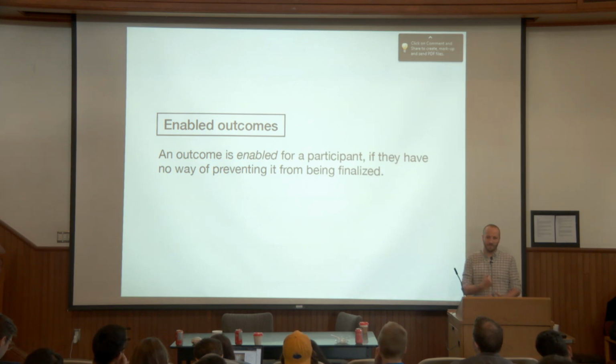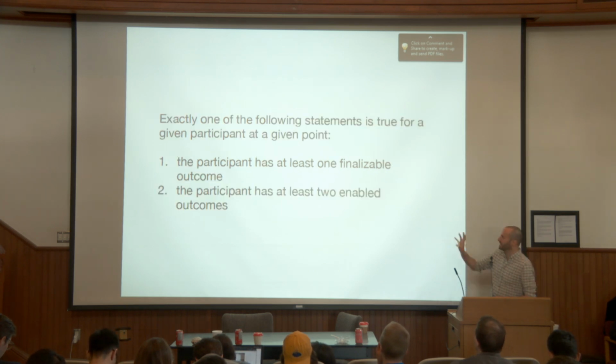An outcome is enabled for a participant if they have no way of preventing it from being finalized. So it's like the rights you've given up. And there's a relationship between finalizability and enabled. Exactly one of the following things is true: the participant has at least one finalizable outcome, or the participant has at least two enabled outcomes.